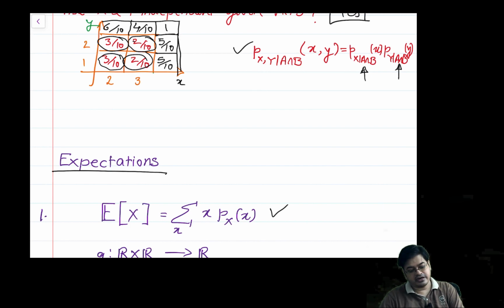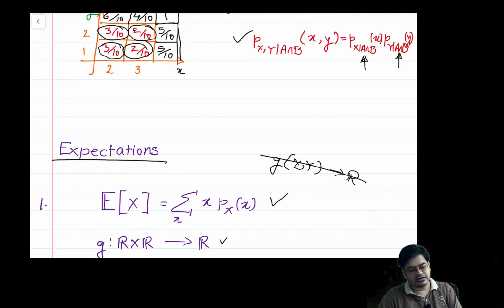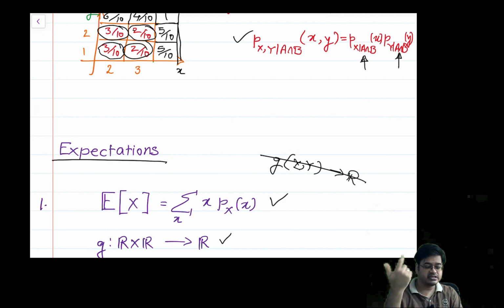Now if I have random variables (X, Y), a tuple together, and I define a function g which takes these two random variables and goes into R, so in particular g is a function from R2 to R, then what I am actually generating from multiple random variables is a single random variable. If I am generating a single random variable from two random variables, my law of the unconscious statistician is still valid.